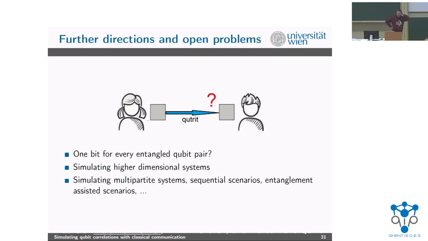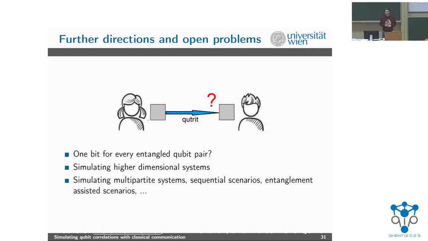If you have the state space that corresponds to 2 bits, which is a simplex, that means if you have a GPT with that state space, and then you consider all the correlations you can obtain there in this prepare-and-measure scenario, it turns out that this can simulate all qubit correlations. One thing I should mention is that these 2 bits in the protocol can be replaced by 1 G-bit.